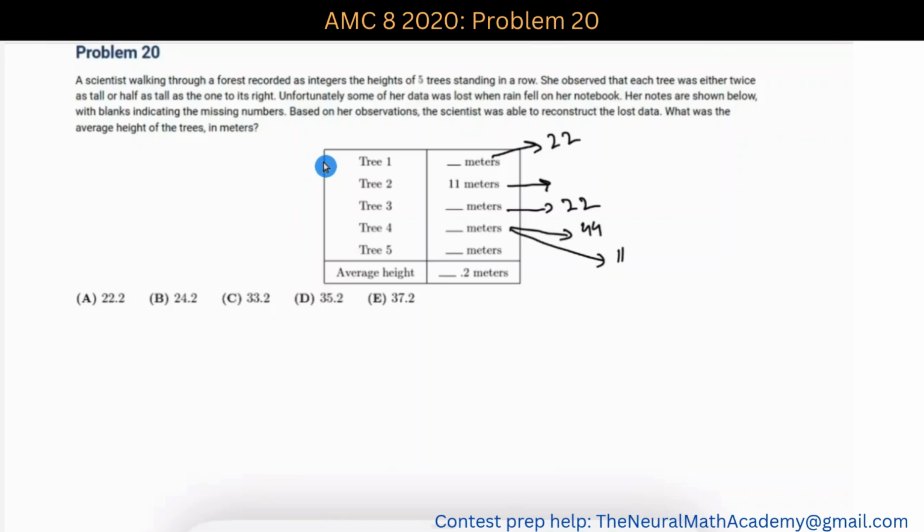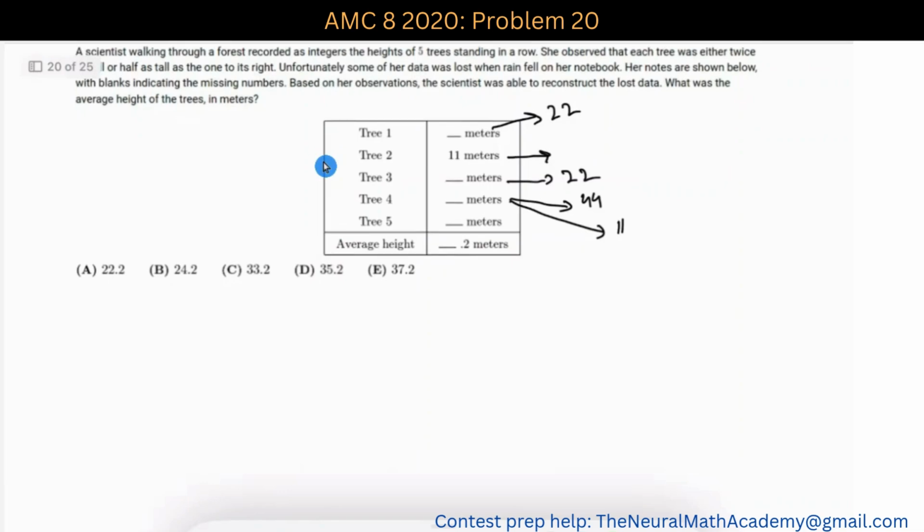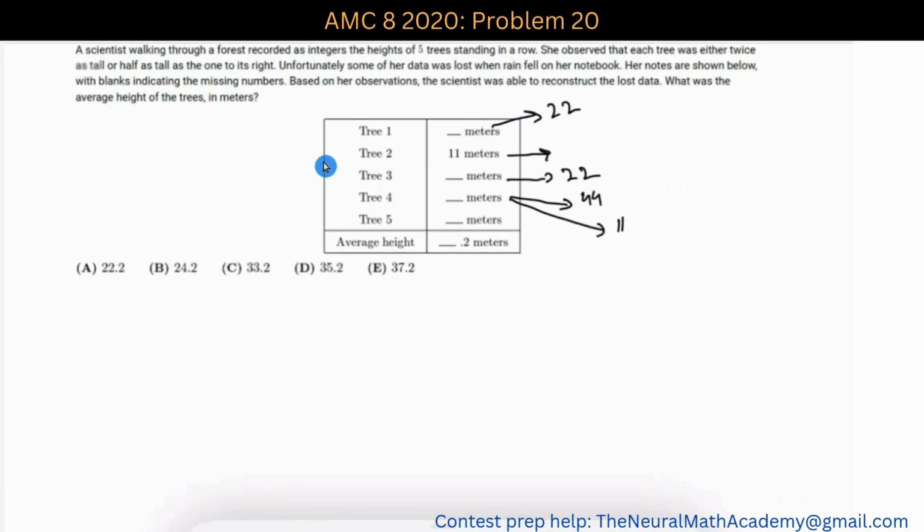Based on the possibilities that we have for tree 4, the result for tree 5 will be based on that. So now let's make the list of what our numbers are, and then we will take their sum and take the average. So let's say we have 22 plus 11 plus 22 plus 44 plus 22.